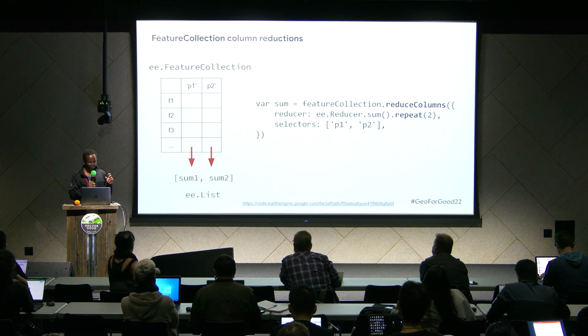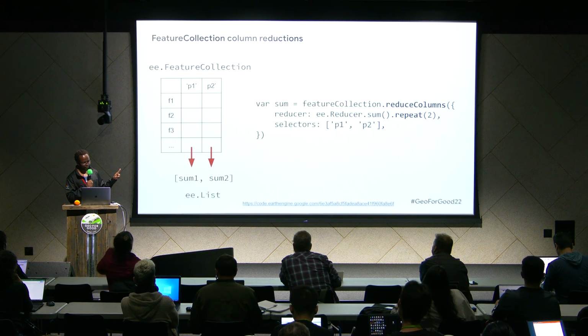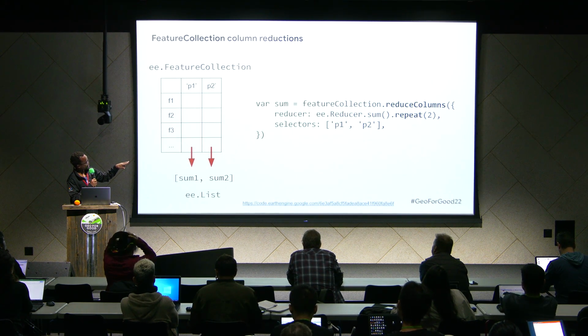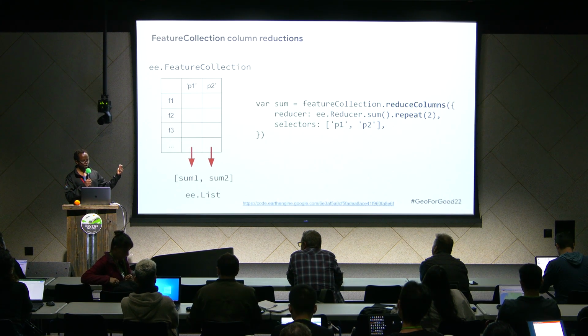And after that, this code snippet comes into action where we call reduce columns, and this selectors portion of it says, I'm interested in 2 columns. So in the script, P1 and P2 are the names of the population and housing units properties.